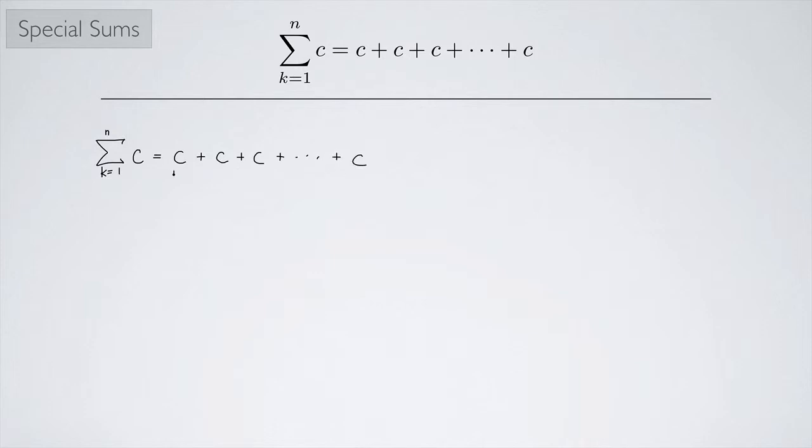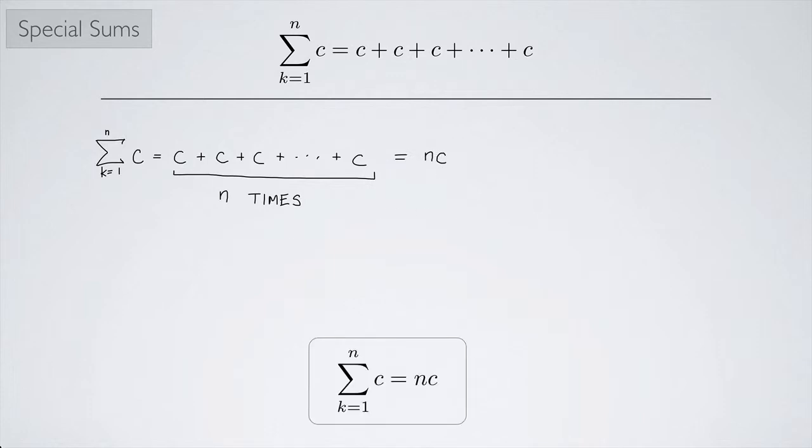And how many times do we do this? Well, you're doing this n times. So that's n of these constants added together. Well, if you have n constants added together, that's the same thing as n times c. And so that's the first summation formula that I want to introduce here for special sums.